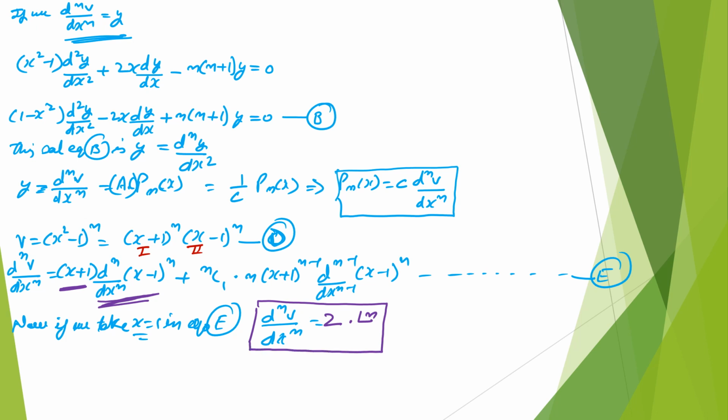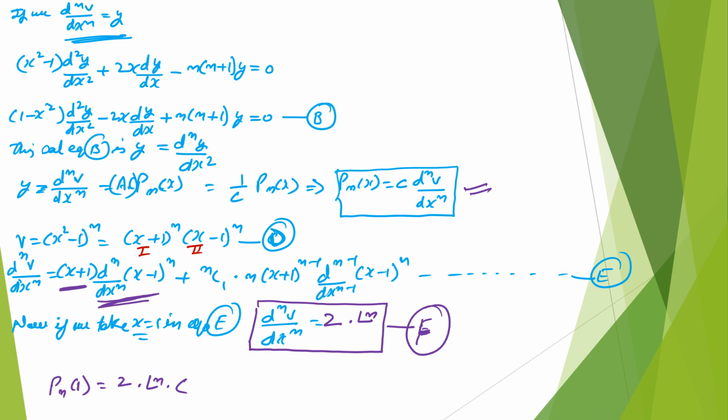Now by using equation A, B, C, E, F, by using equation F and this value, we get P_n(1) is equal to 2 to the power n, factorial n into c.